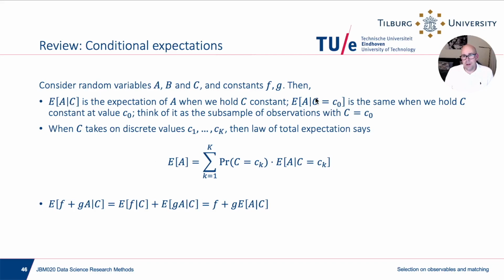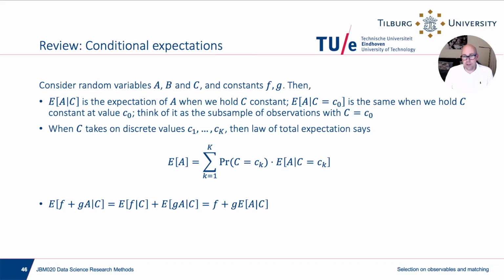So you can also write this down for an explicit value c naught, for instance. So when c is equal to c naught, then this is the expectation of a. You can think of this as the subsample of observations when c is equal to c naught. Then you have surely heard of the law of total expectation before.